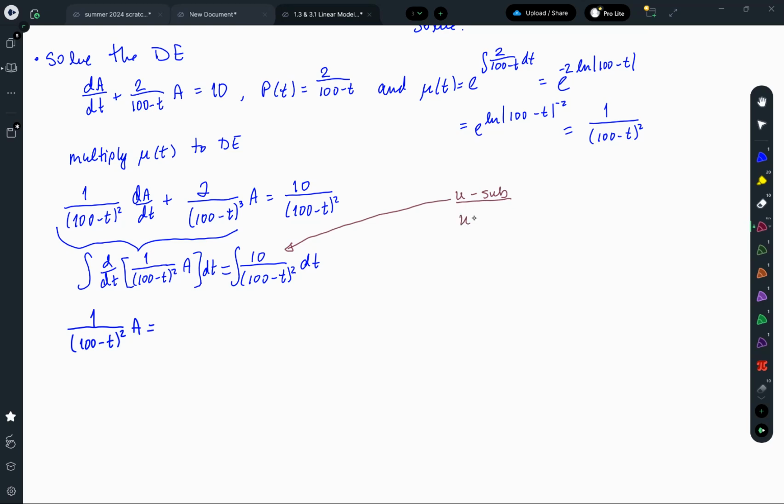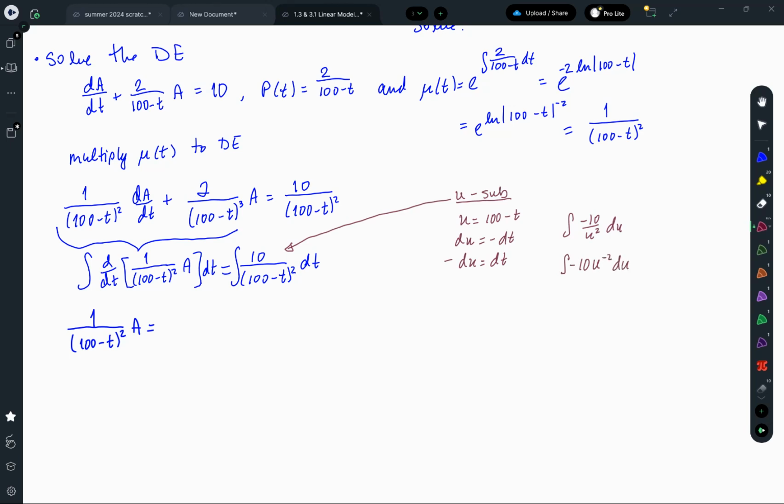If we let u equal the 100 minus t, then du is equal to minus dt. So we'd have to have a negative du replace the dt. So now we're looking at the integral of -10 over u squared du when we replace everything. So this is the integral of -10 u to the -2 du.